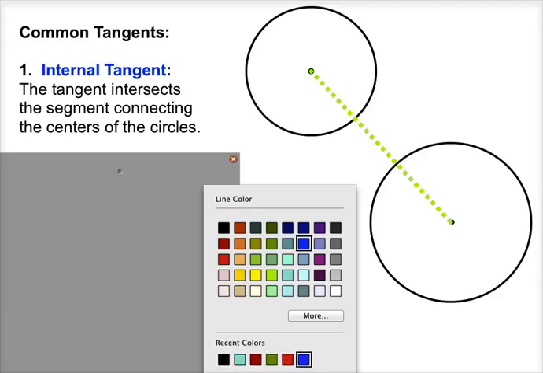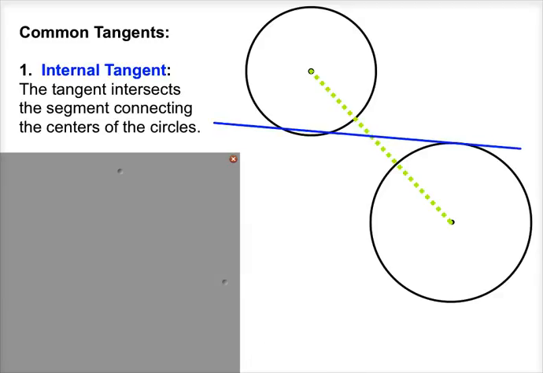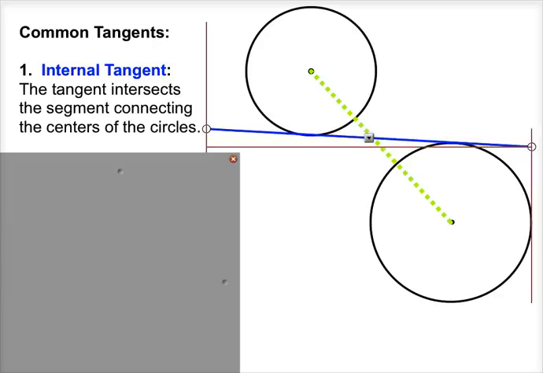It's going to be a tangent that touches one circle and then also touches the other circle, and it just so happens that this line passes through the dashed green line that connects the centers together. So there is an internal tangent. It's tangent to each circle, and it passes through that line that connects the centers of the circles together.